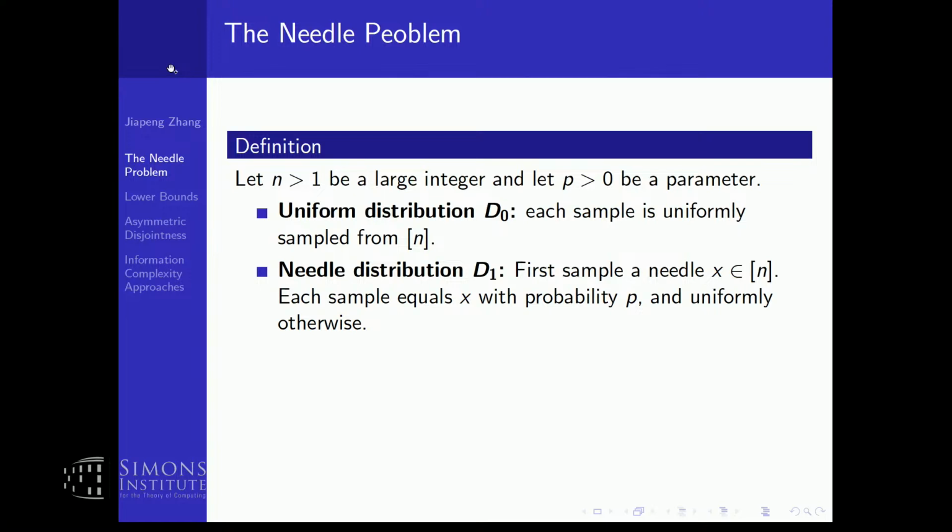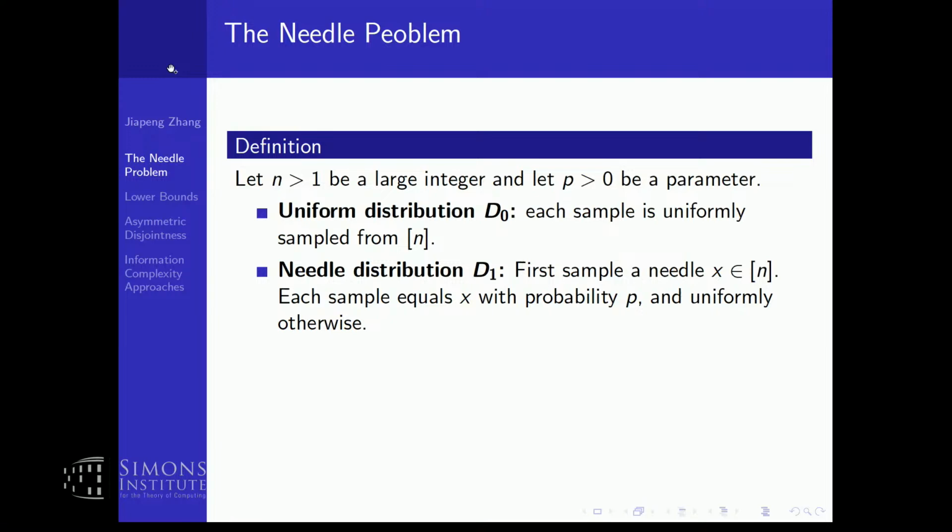The first one is the uniform distribution. For the second one, we first sample a needle X from this domain, and then we sample many samples, such that each equals X with probability P and is uniform otherwise.